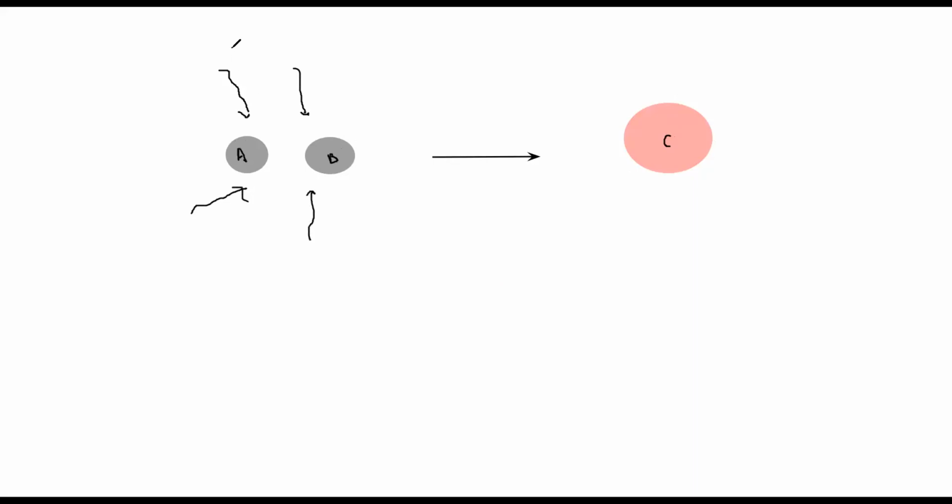So for example, you have A and B as the reactants, and they're forming a product C. So A and B collide and the result is a formation of C. If I say the reactants absorb energy, they absorb 200 joules of energy.